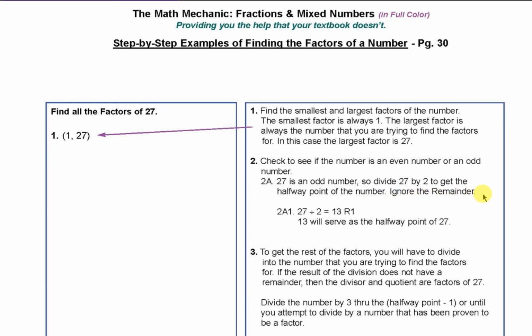Next, we went to step 2A1. 27 divided by 2 equals 13 remainder 1. Remember, we are going to ignore the remainder. Therefore, 13 will serve as the halfway point of 27.